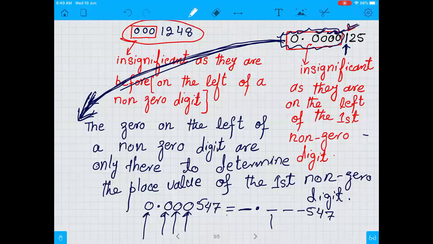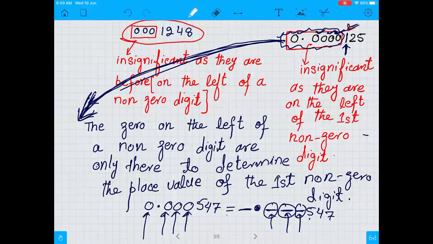So these places have no place value and they are just there to give a place value to 5. If I ask you what is the purpose of these dashes, first dash, second dash, third dash, it is to tell that 5 is in the 4th decimal.